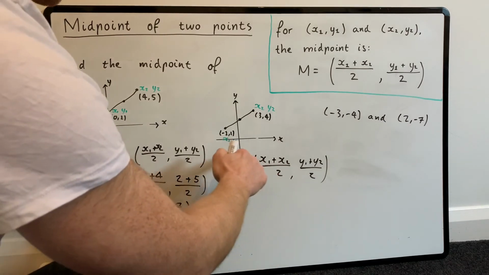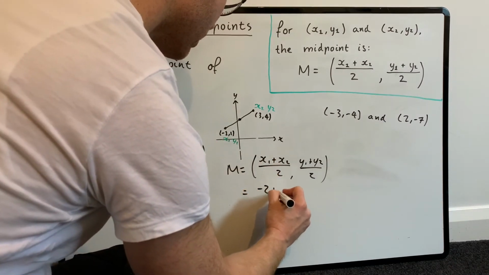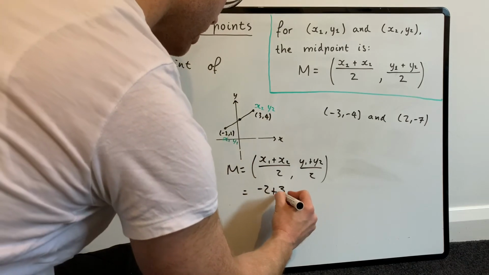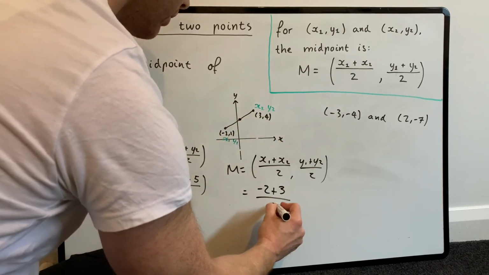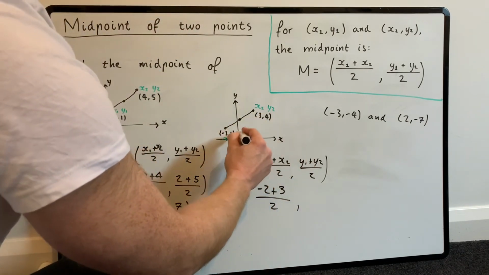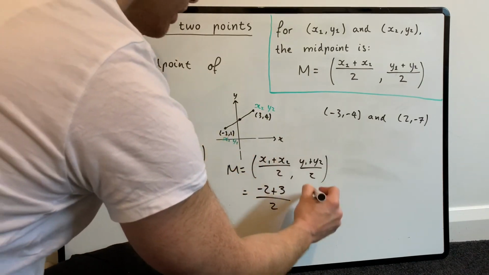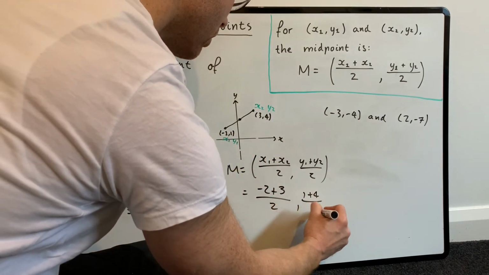All right, x1 is -2, x2 is 3, on 2, y1 is 1, y2 is 4.